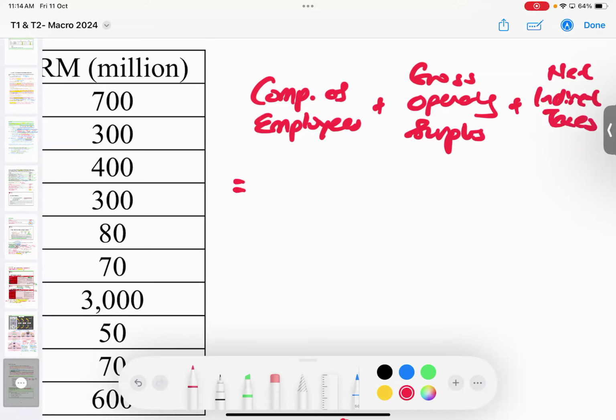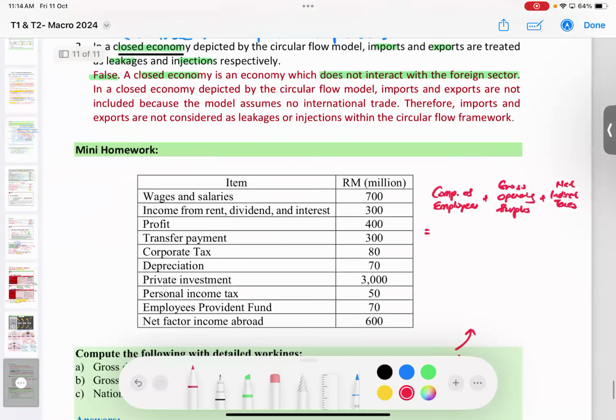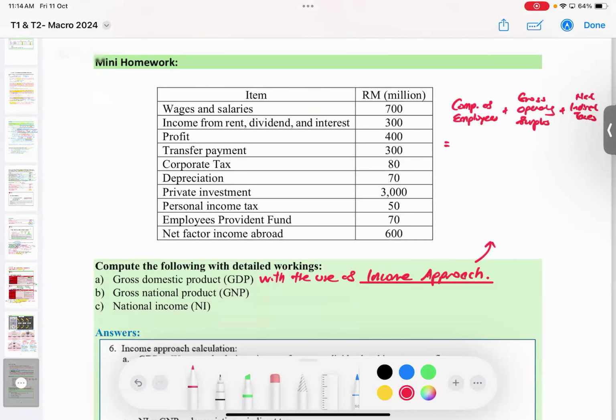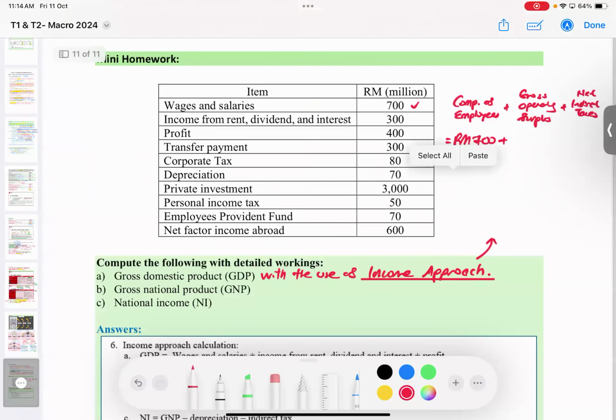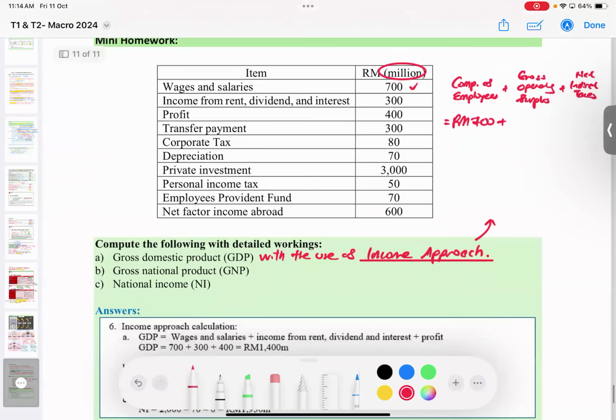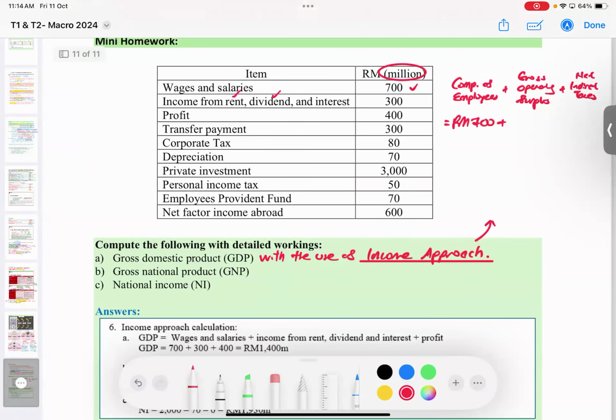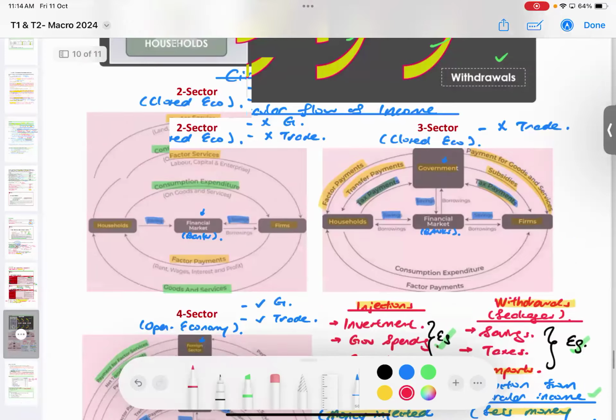Okay, so let's find the value. Wages and salary, 700, in million, remember in million. And then gross operating surplus includes rental as well. Rental, dividends, interest are under gross operating surplus as well. Remember we talked about that just now.